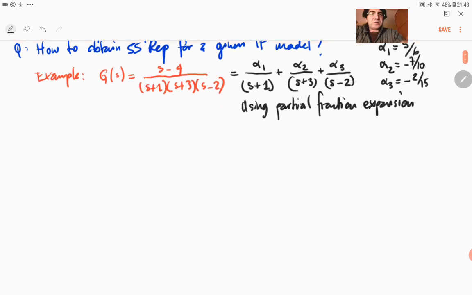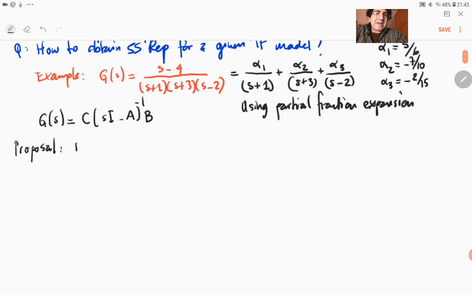Now remember from our derivation that the transfer function is equal to C times (sI minus A) inverse times B. Now we have C, A, and B as unknown matrices in this representation. Now we will consider a proposal. We will let A be a specific selection, composed of the poles of this system as a diagonal matrix.